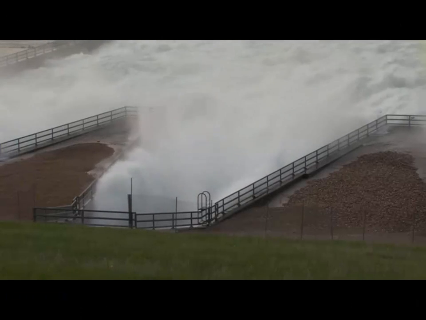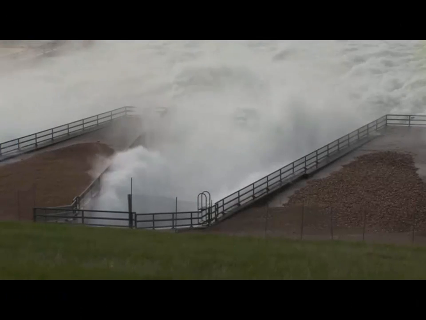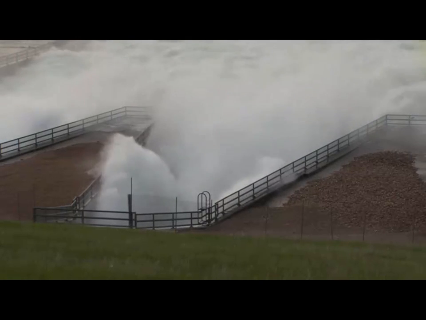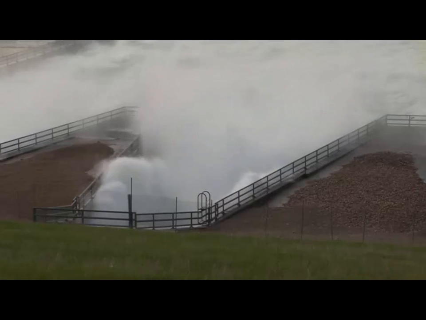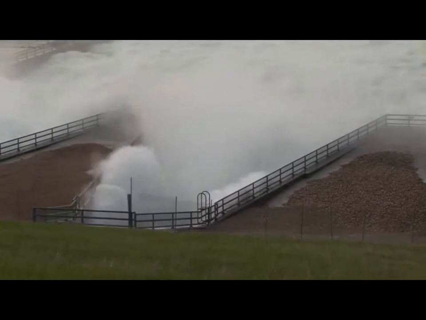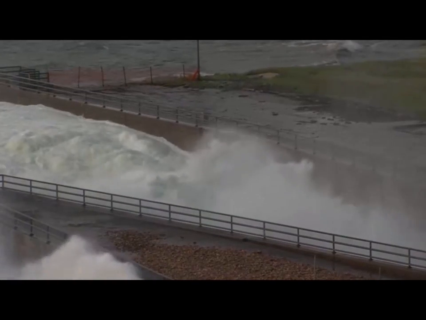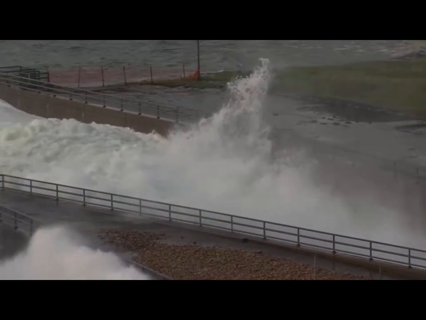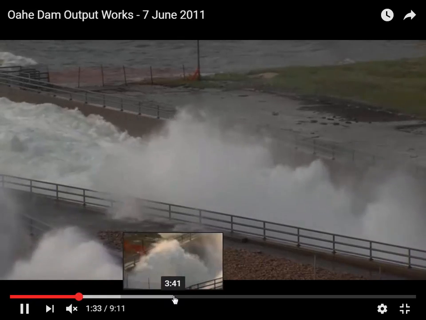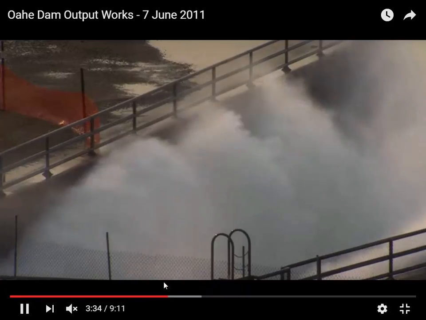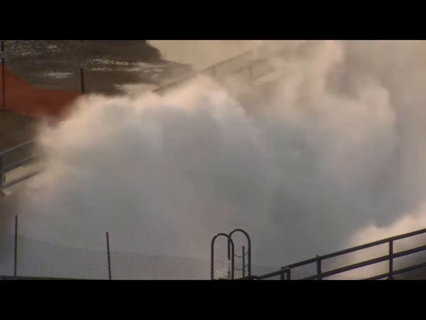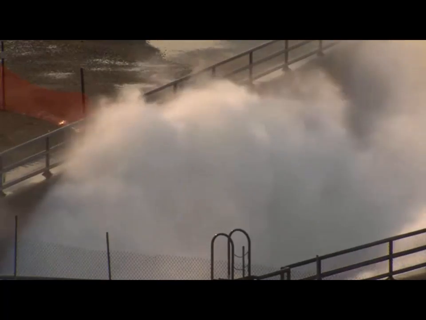These release gates are designed with scour in mind, because when the water's coming out, it comes out at a really high velocity, and it could threaten any non-armored concrete. They have to have a special high-strength concrete and are very careful about the reinforcing that they put on. Let's see here. So, I mean, the amount of energy coming out of these release gates is almost explosive. It's just got so much there.